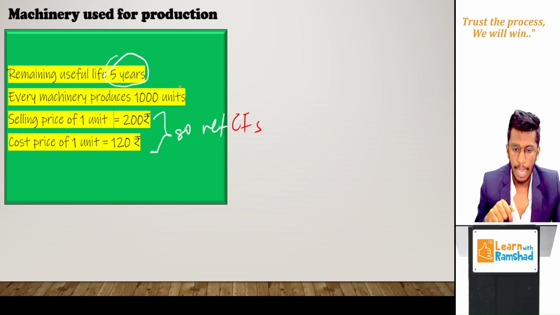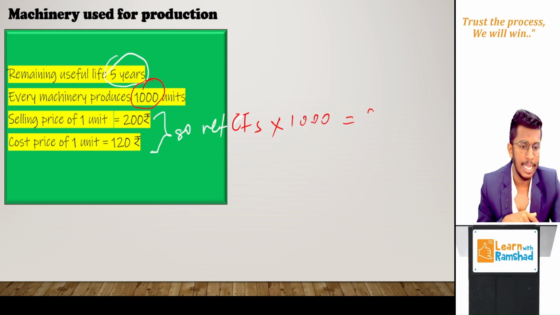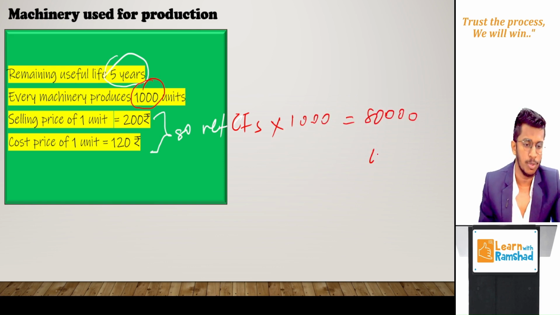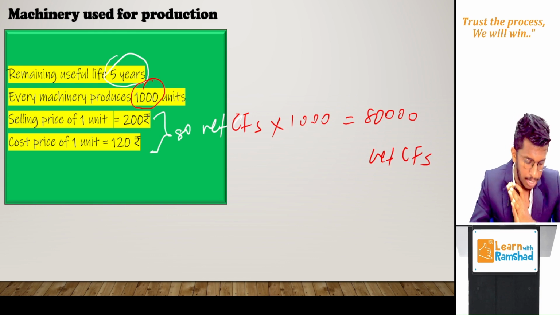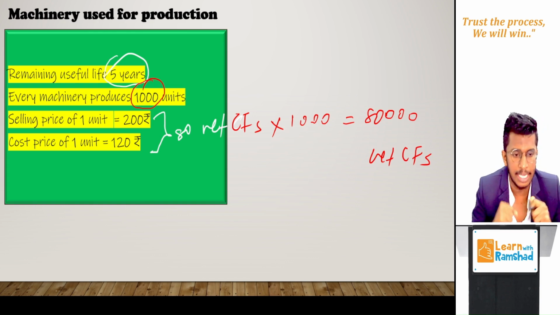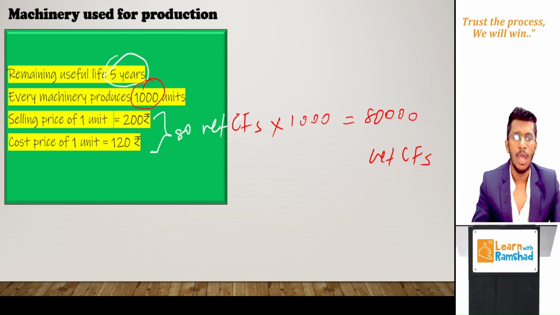And for every year we get a total of 1,000 into 80, which is 80,000 net cash flow. So every year we take 80,000 net cash inflow from this production.